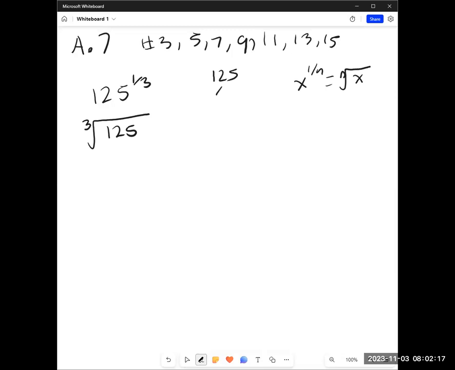So 125 is 5 times 25, which is 5 times 5. That means 125 is 5 cubed.